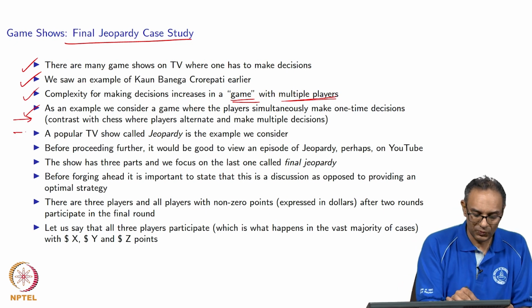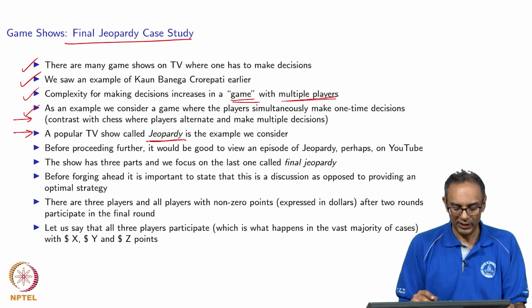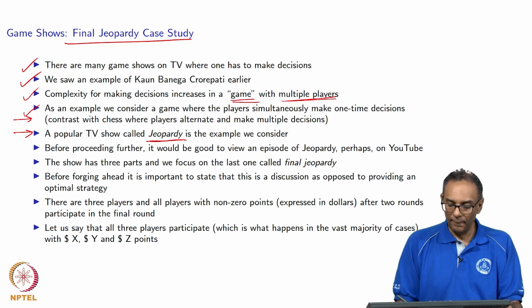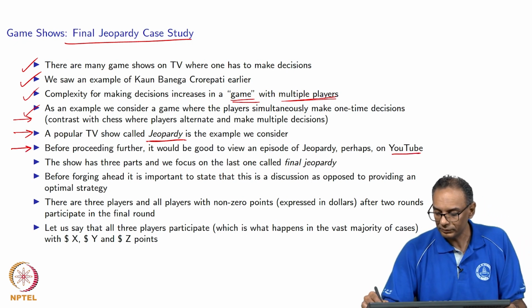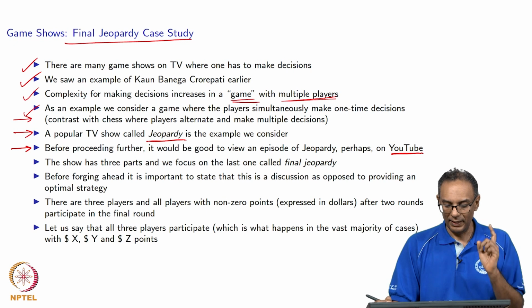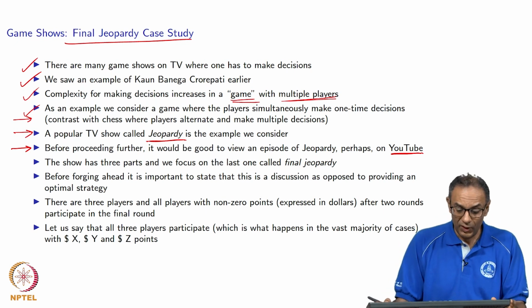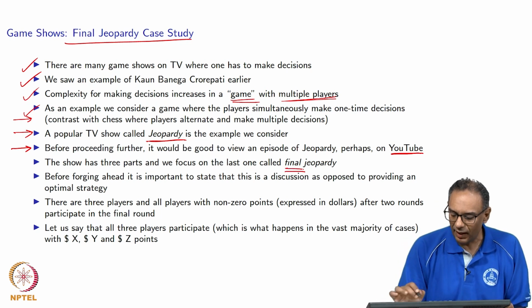This Jeopardy is what we're going to be looking at, and this is a very popular TV show. It's been running for a long time, several decades. I would highly recommend that you go to YouTube and watch one episode of Jeopardy, if not more. I would recommend watching a few. Even if you don't have that kind of time, at least watch the last part.